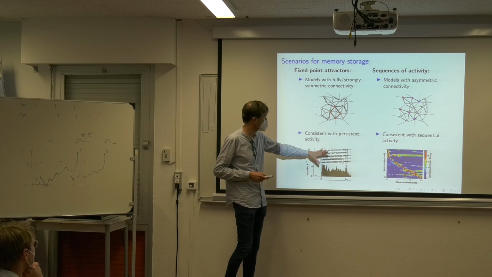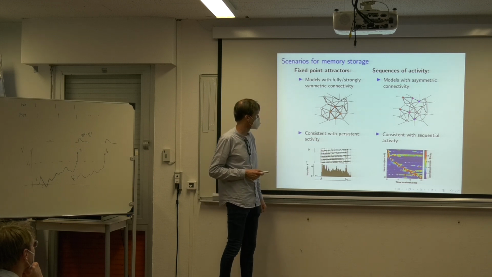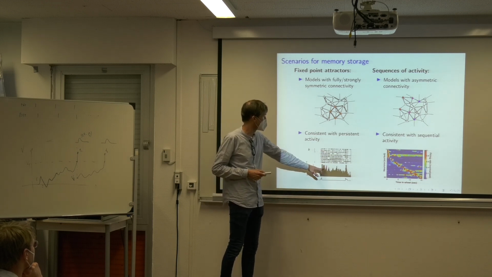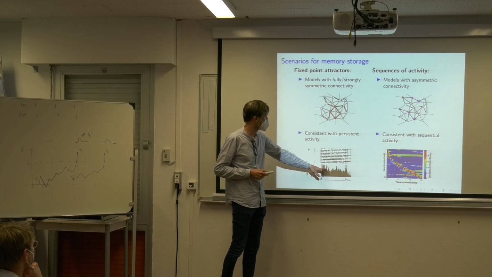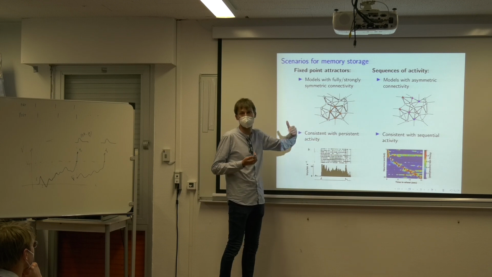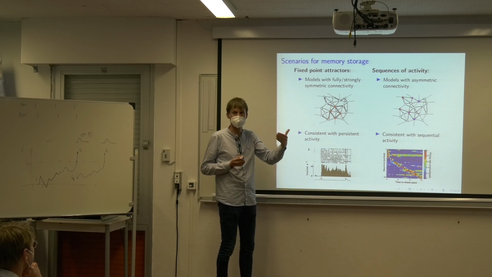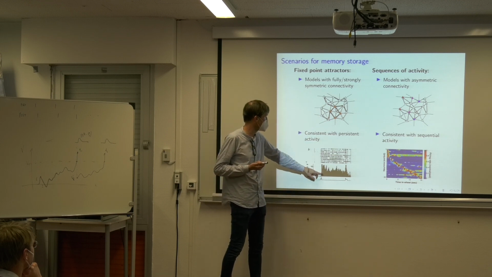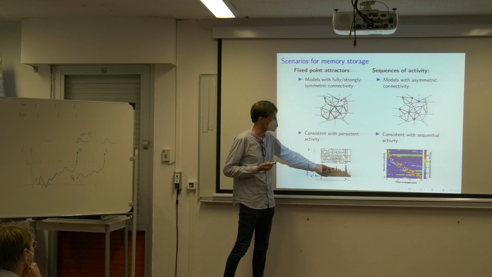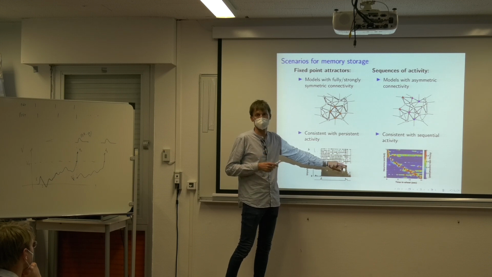And that's actually consistent with the data that I will review later, where the prediction of this type of model is that some neurons should show persistent activity. They are activated by a stimulus, here shown transiently, and then they stay active even after the stimulus has disappeared.